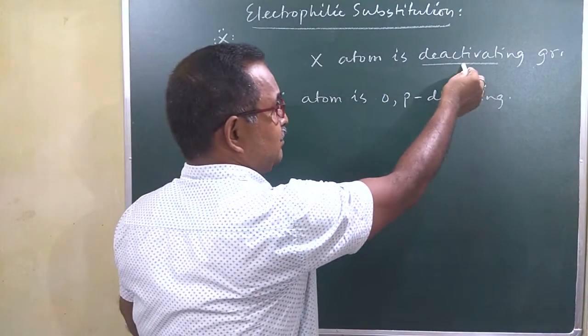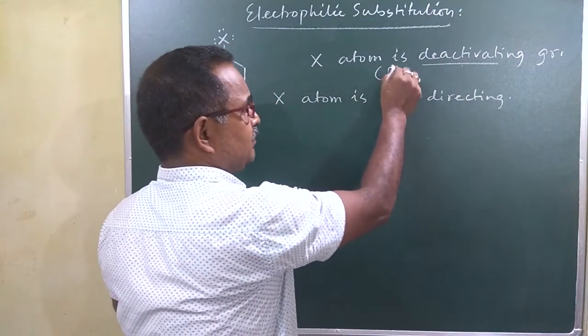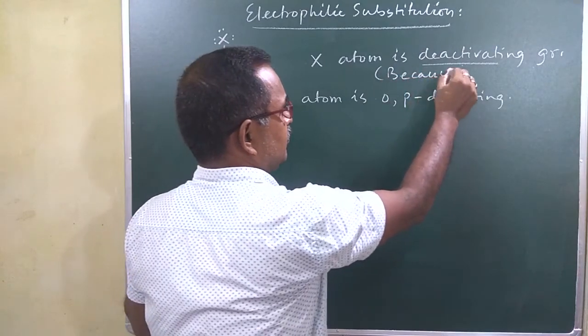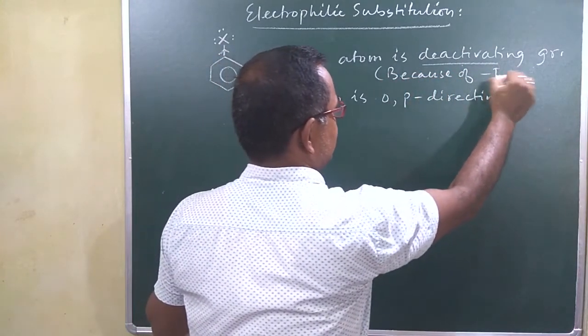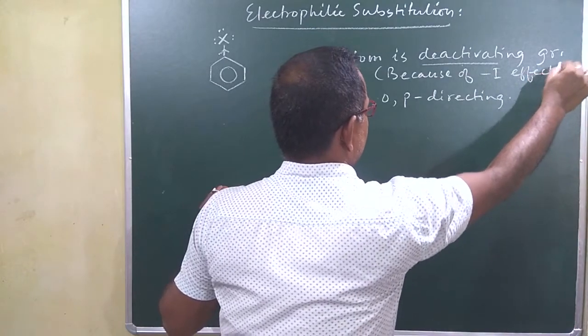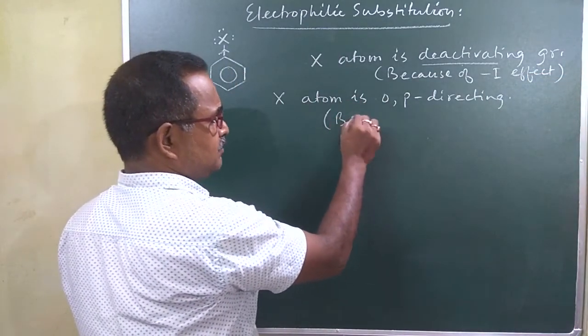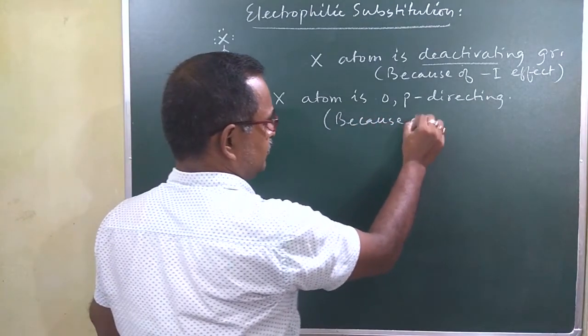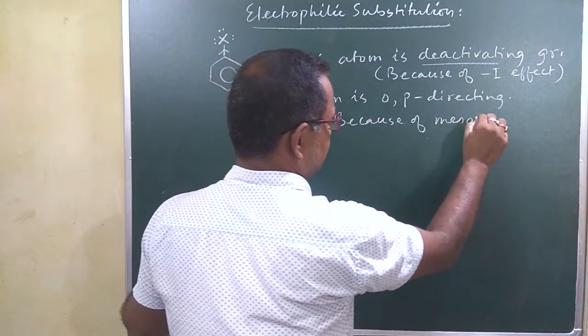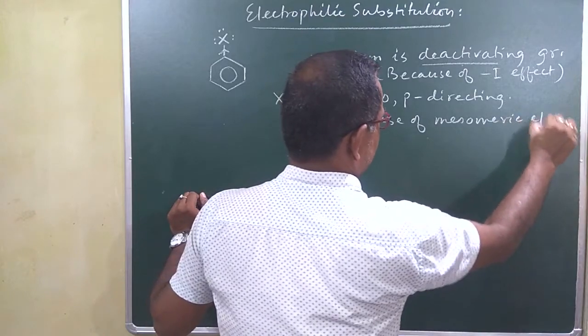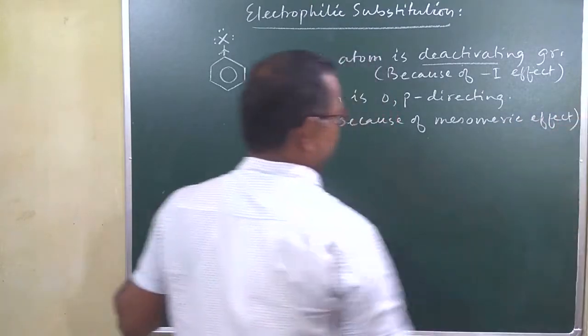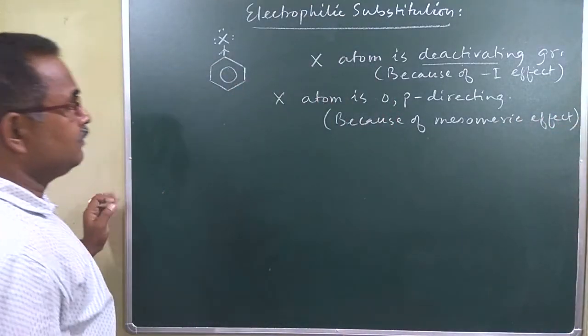Halogen is deactivating because of minus I effect, but it is ortho-para-directing because of mesomeric effect or resonance effect.